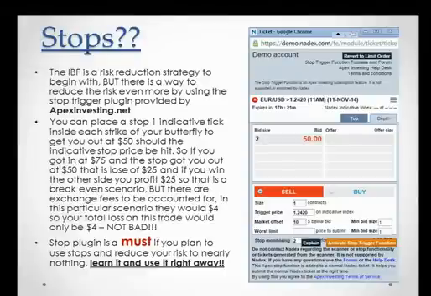So, for an example, say you sell the top one for $75. If you get stopped out, it gets you out at $50. That's a loss of $25 on that side. Now, if you win the other side, that is a gain of $25. So basically what you have is a break-even scenario. There is no loss on the trade. However, you do have exchange fees, okay?